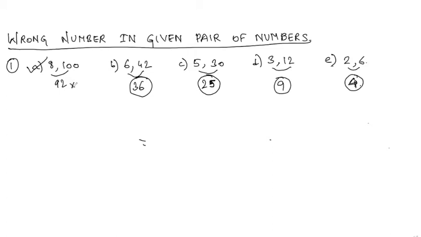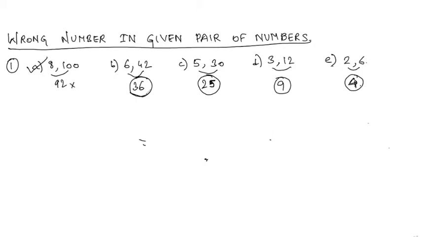Why? Because whatever the pattern or relation is here, if we subtract both the numbers, we should get a square of a number. But for the first option, if you subtract, you are not getting a square of a number. That is why the first option is the wrong number in the given pair of numbers.